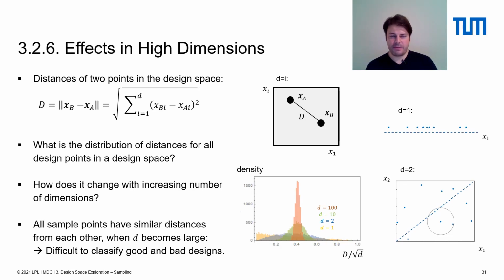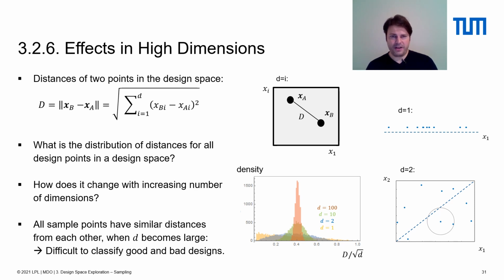I find high-dimensional design spaces quite non-intuitive, and I guess most people find that too. And in order to train intuition for higher dimensions, I would like to tell you about 2 curious effects in high dimensions.